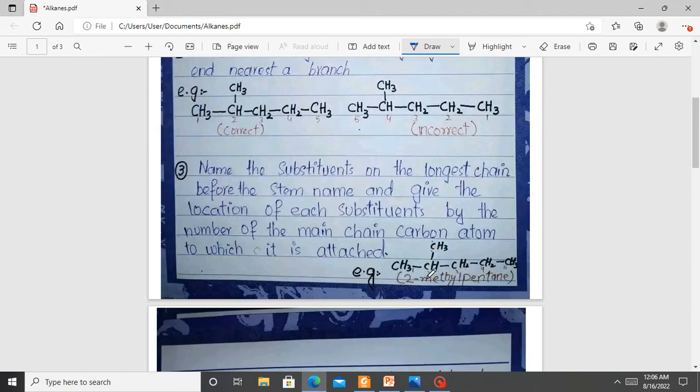Here the methyl is on the second position with respect to this direction: here is 1 and here is 2. So the methyl is on the second carbon, and the naming becomes 2-methylpentane. The 2 means that the methyl is on the second carbon. The methyl is the substituent, and the pentane is the stem name or the parent chain.